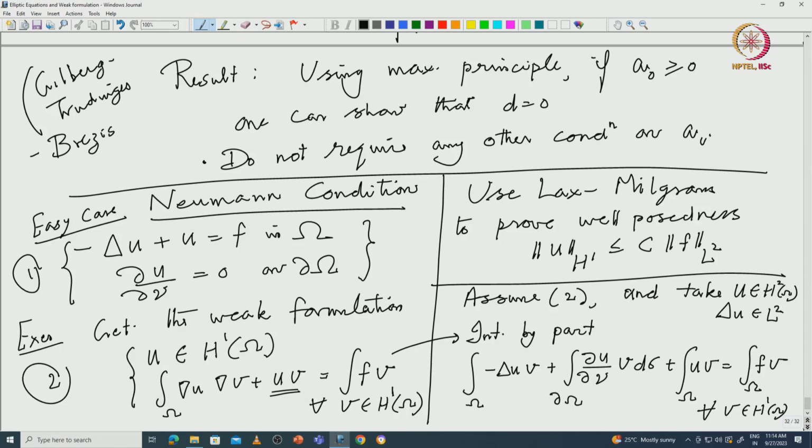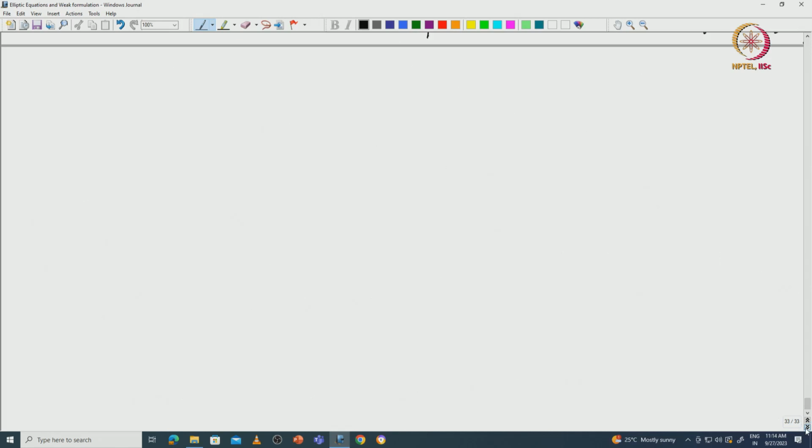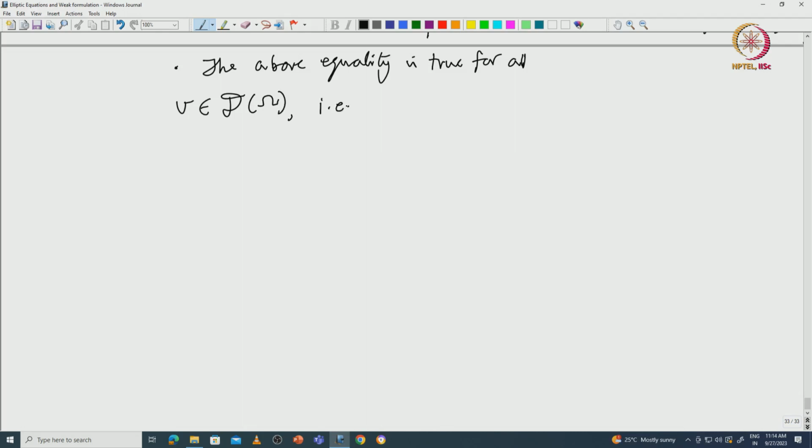Okay. Since it is true for all v in H1 of omega, the above equality is true for all v in D of omega, which we have done earlier also.